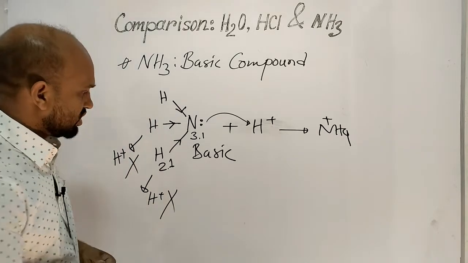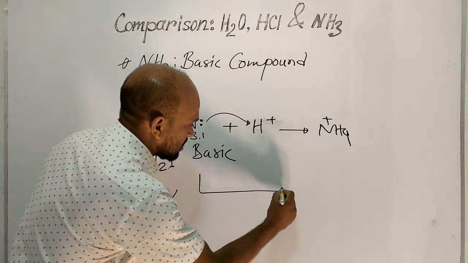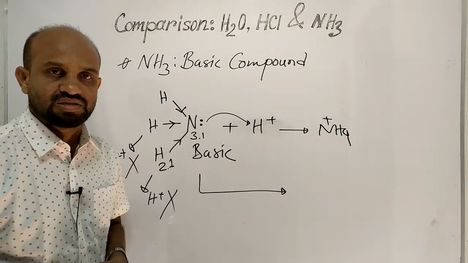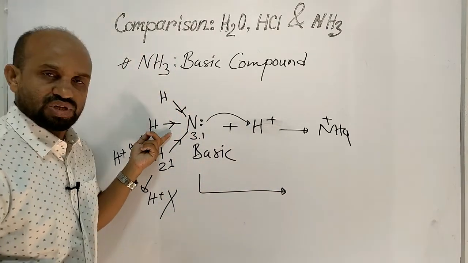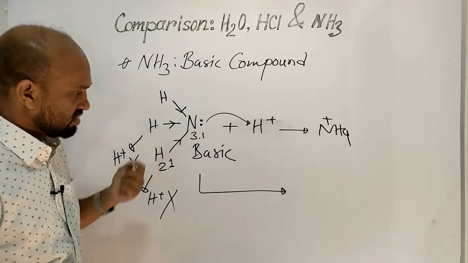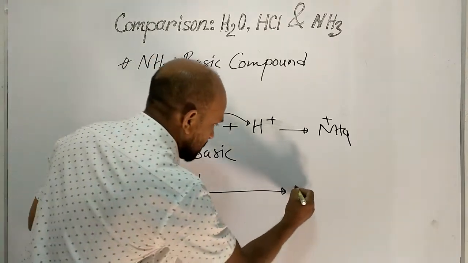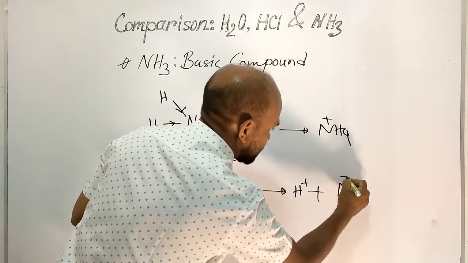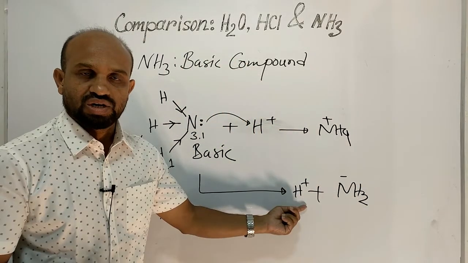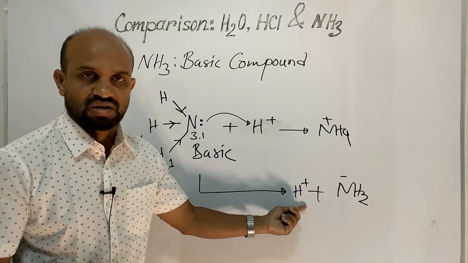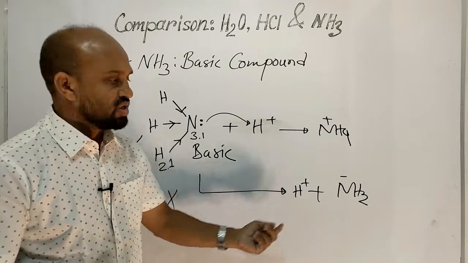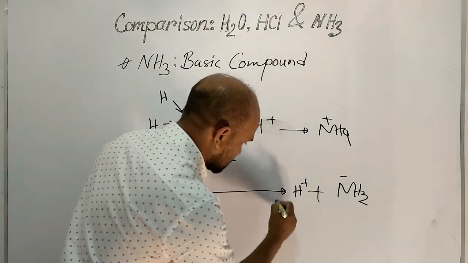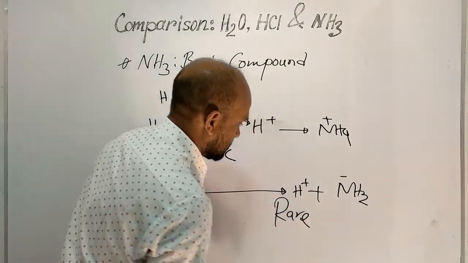Nevertheless, when a proper environment is created with ammonia, then one proton is released and this ion is formed. So ammonia can act here as acid, but this is extremely rare.